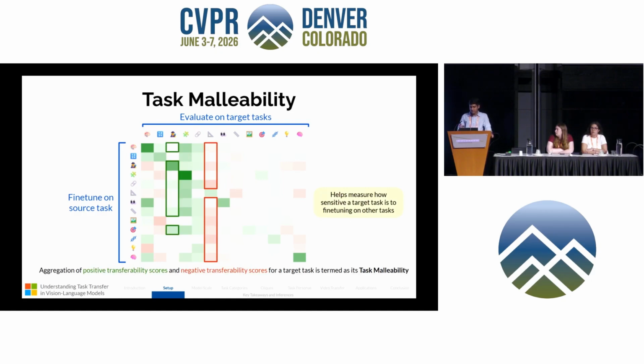The aggregation of transferability scores in a column is termed as that task's malleability. It helps measure how sensitive a target task is to fine-tuning on other tasks. So if a task has high positive malleability, it can get easily improved by other tasks. If it has high negative malleability, then it can get easily deteriorated by other tasks.